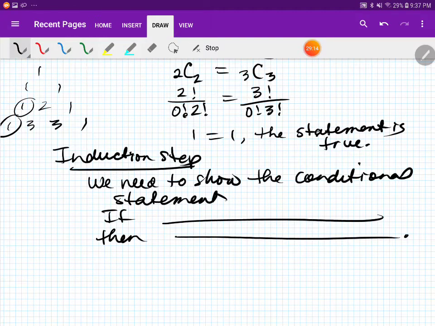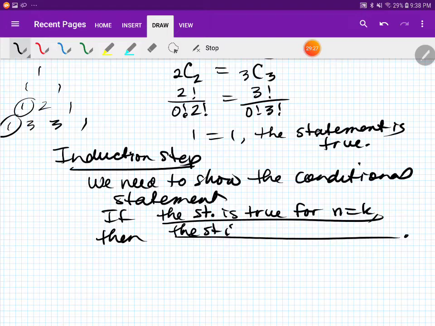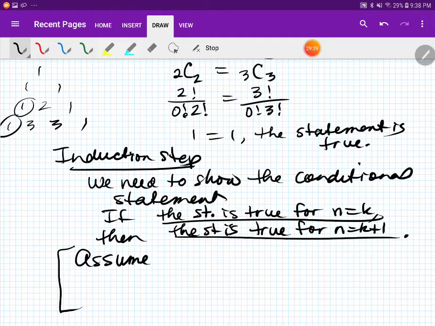My if blank is, if the statement (I'm going to abbreviate statement ST, don't do that on the AB test) is true for n equals k, then the statement is true for n equals k plus 1. So you're going to assume the if part. So you have your assume section, then you have your we need to prove section. So assume the statement, don't abbreviate on the AB test, is true for n equals k.